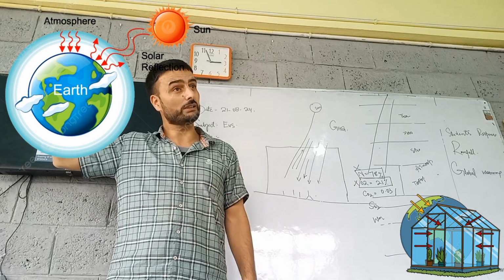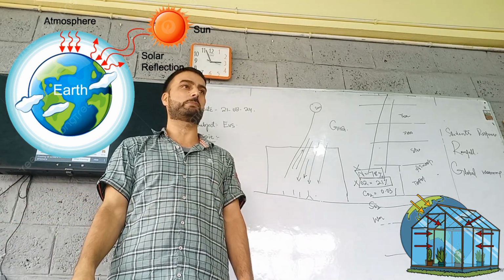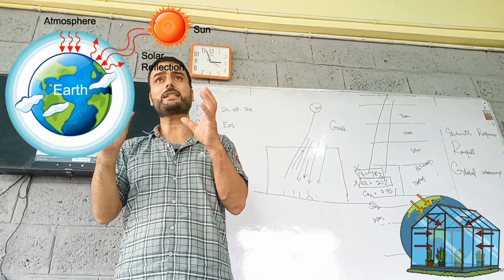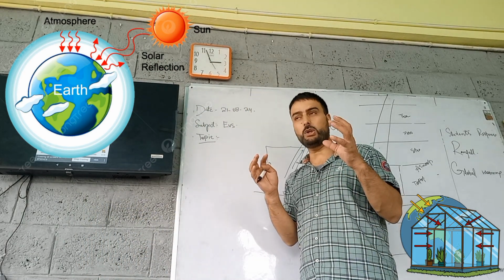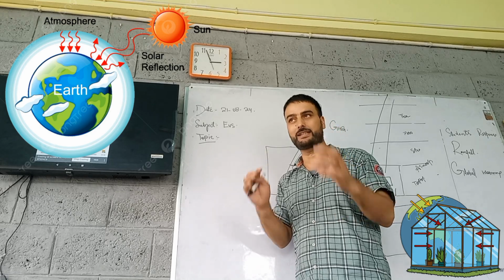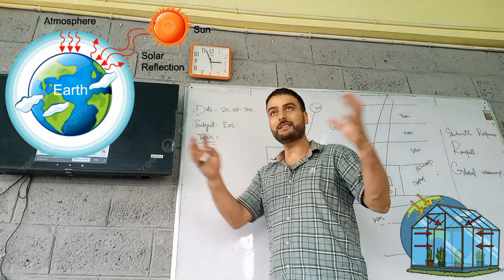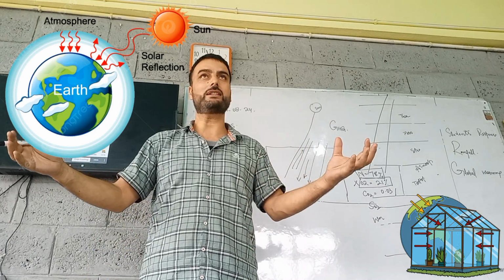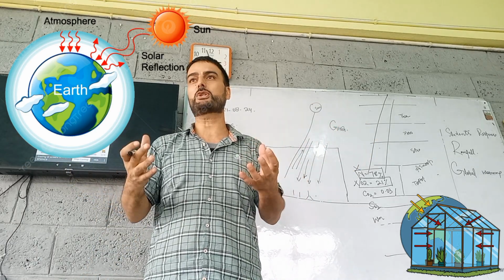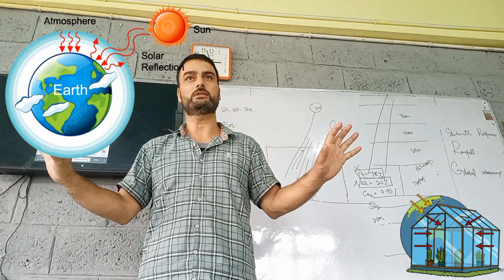We would not be able to survive here because of the low temperature. So it is the blessing of carbon dioxide. Carbon dioxide absorbs sun rays and increases the temperature of this earth, and this warm temperature helps us to survive here. Any question?